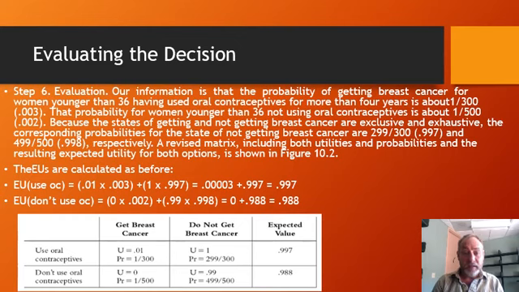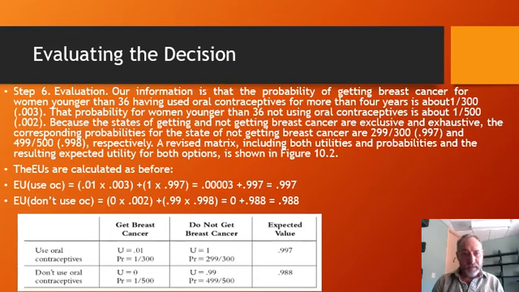You add those together, and the first term there is just vanishingly small. It's 0.00003, so it doesn't really change the ultimate value. We just rounded to 0.997.